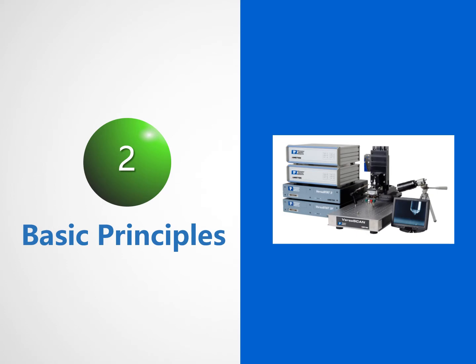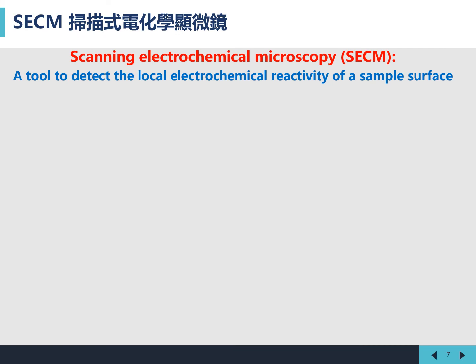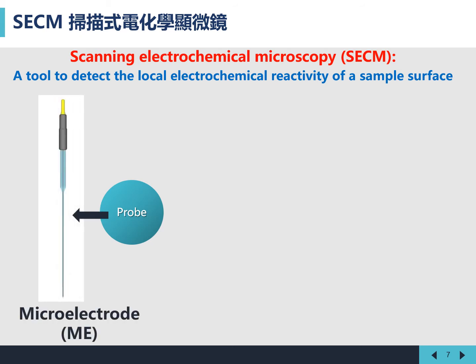In the second part, the basic principles of SECM will be explained clearly. SECM is a tool to detect the local electrochemical reactivity of a sample surface. So first, you have a probe, which is usually a microelectrode, and then you have a sample.